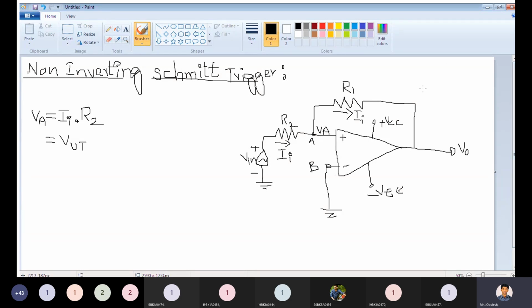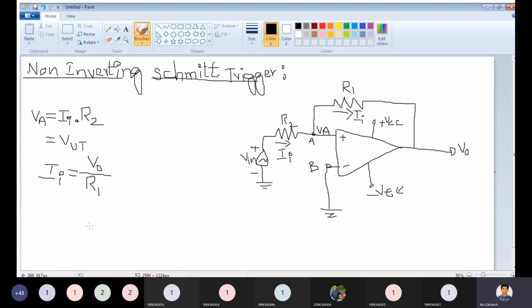Here the Ii entirely passing through this R1 resistor is equal to V0 by R1.